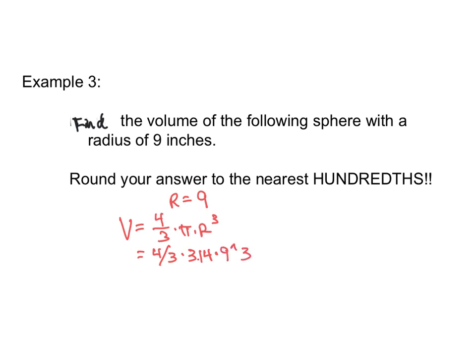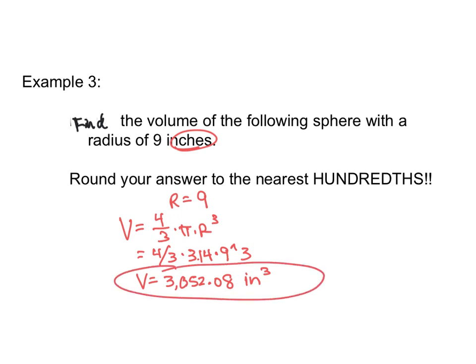Go ahead and put all that into your calculator, press enter, and we're going to get our volume as 3052.08 inches. Remember, it's going to be inches cubed, and this would be our volume for this one. Again, make sure that you're writing down these steps in your notes so that you know how to do this.